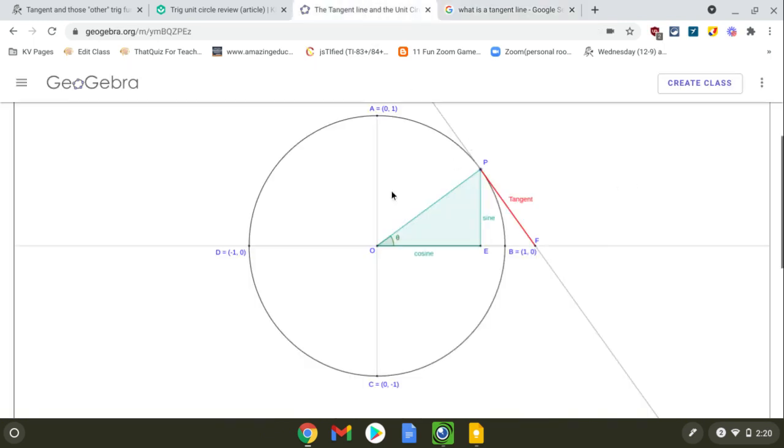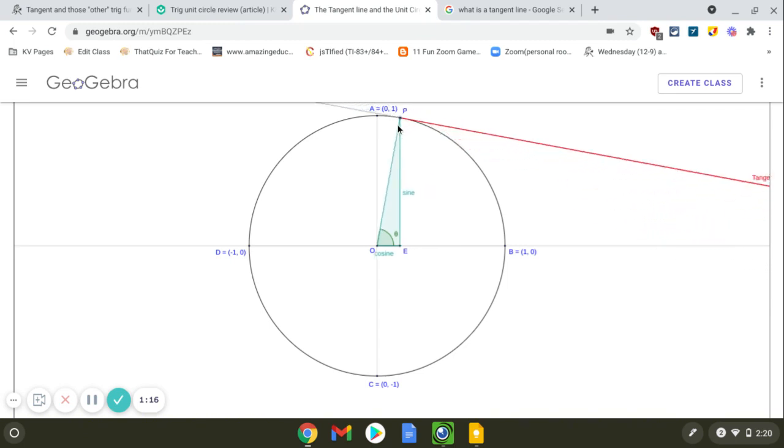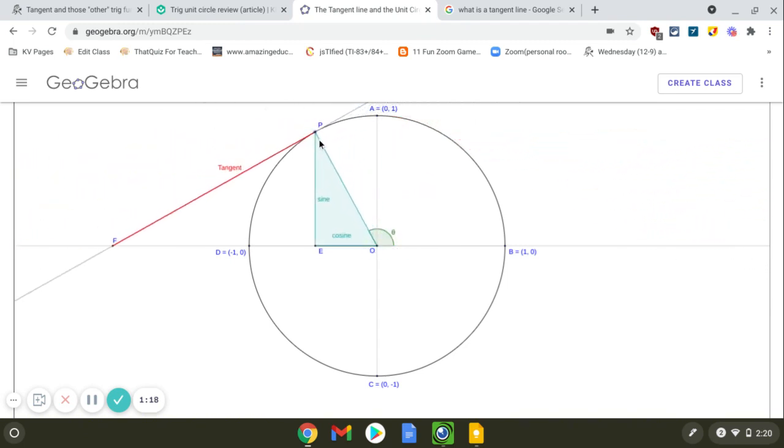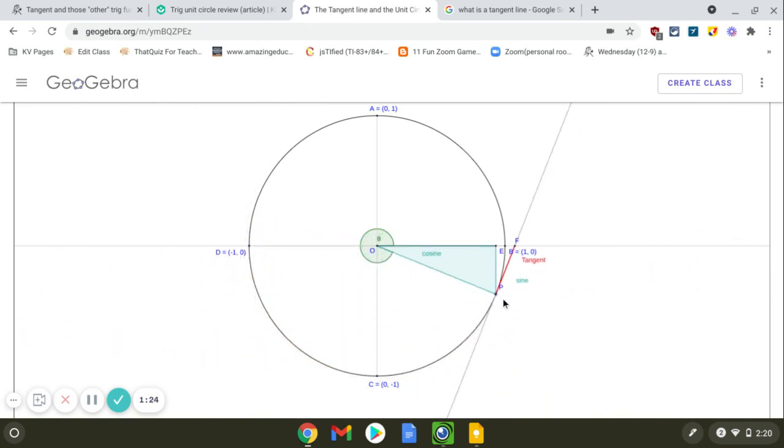And so on the unit circle, those tangent lines change, right? So I've got my tangent line here, but it changes depending on whatever angle we stop at. Here you can see the tangent line's really long. Well, actually, I guess the tangent line itself goes on forever, doesn't it? Yeah, the tangent line itself goes on forever.